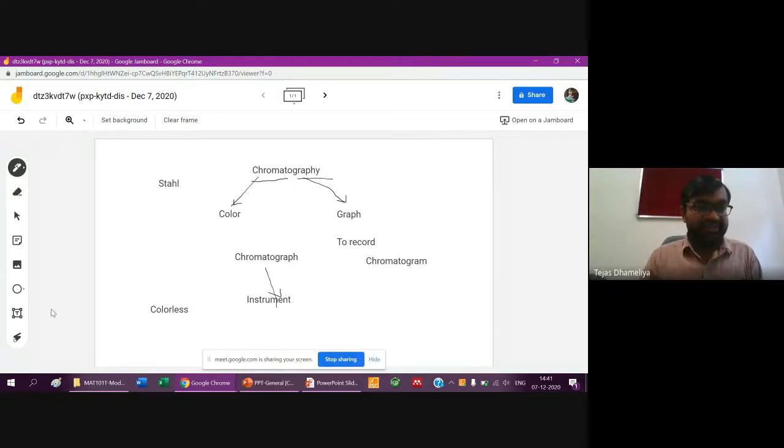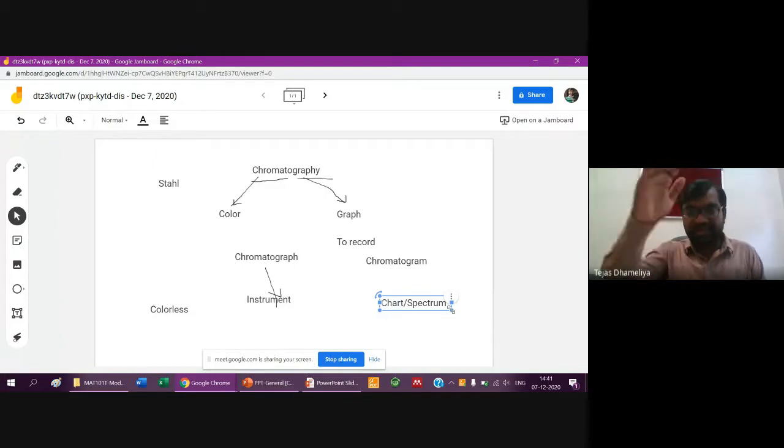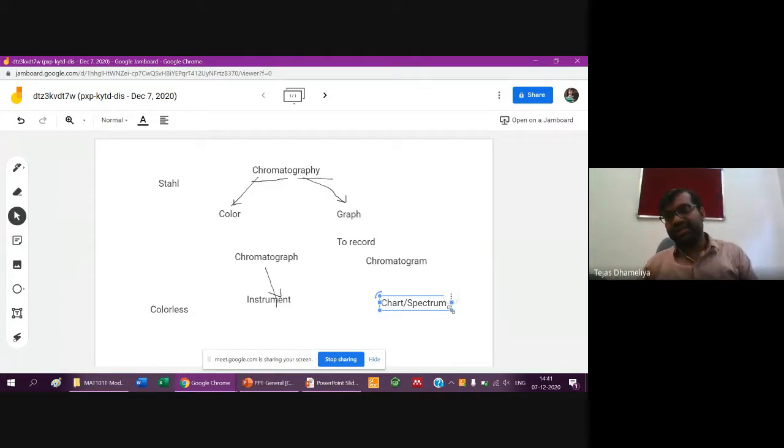So if I say chromatograph, so that means a particular kind of instrument. And then if I say chromatogram, chromatogram का मतलब होता है your basically chart, your this spectrum where you are showing retention time versus purity, etc. Or some kind of plot X versus Y of a particular chromatographic technique.